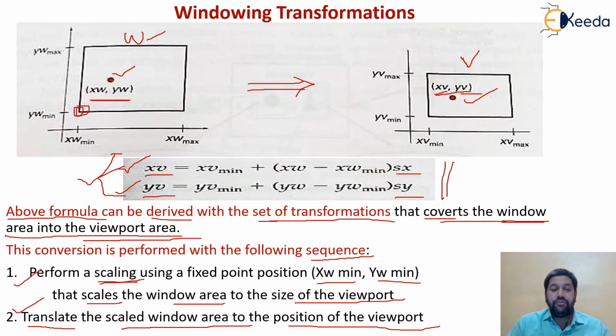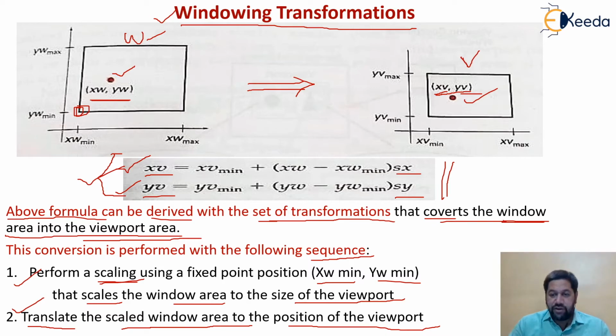This is what we call the windowing transformation. I hope all of you have understood in detail how I can achieve this mapping, and this mapping is achieved with the formula. I repeat the formula again, xv comma yv.